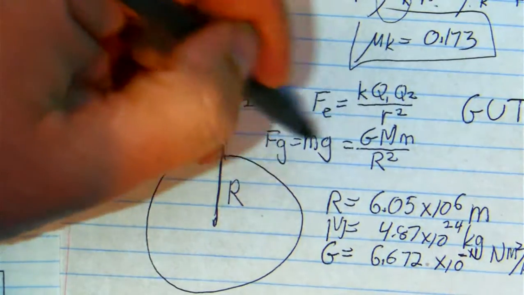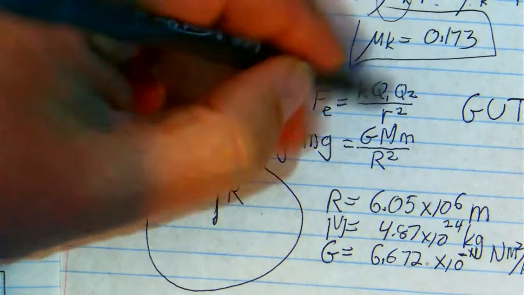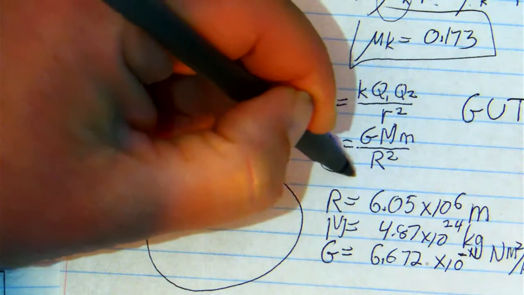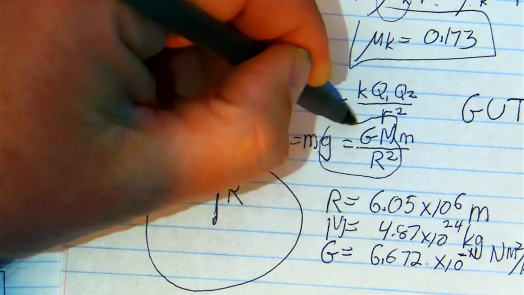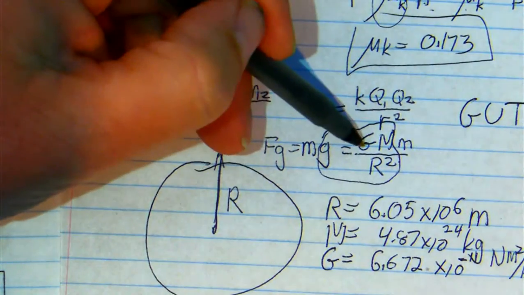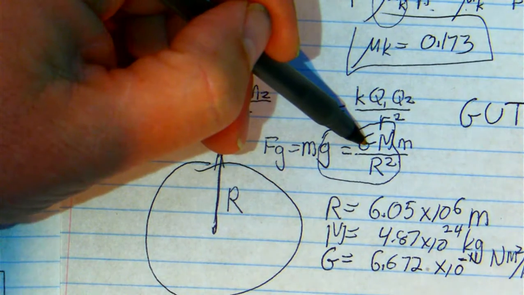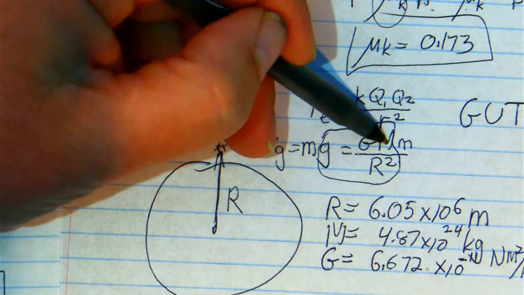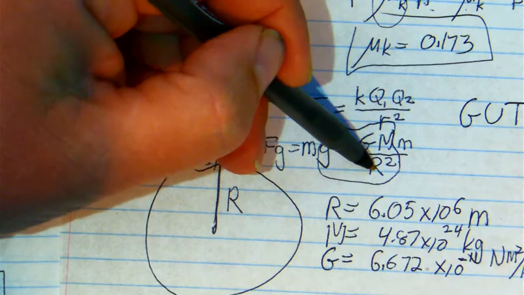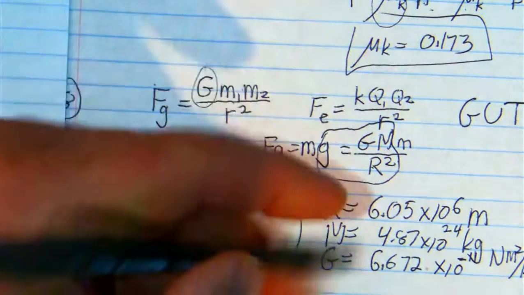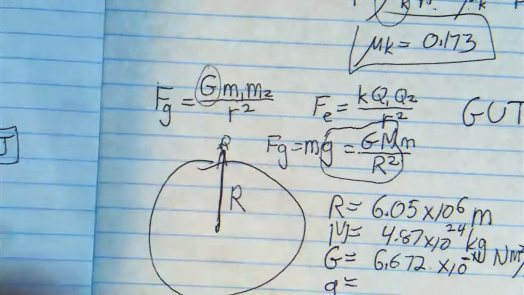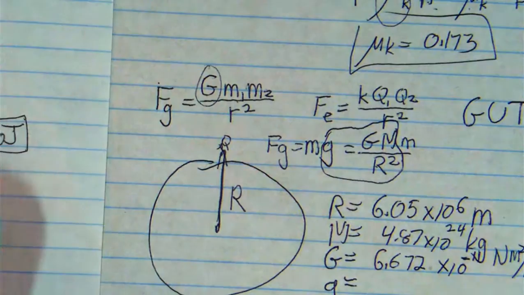These are identical here on the surface of the Earth, which means the acceleration due to gravity for any planet is the product of the universal gravitational constant times the mass of the planet divided by the radius of the planet squared. So that's how we get the value of g on Venus.